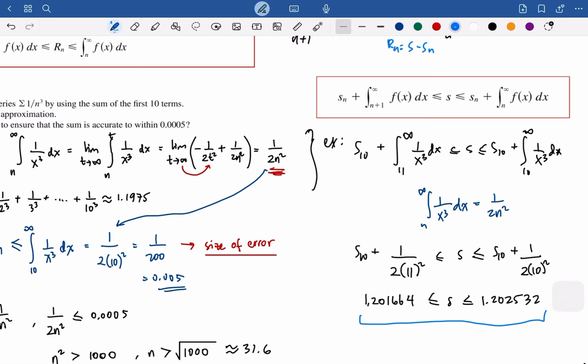Let me make this small for a while. Sorry, I will take the. Okay, if you want to take a photo, you can take the photo.